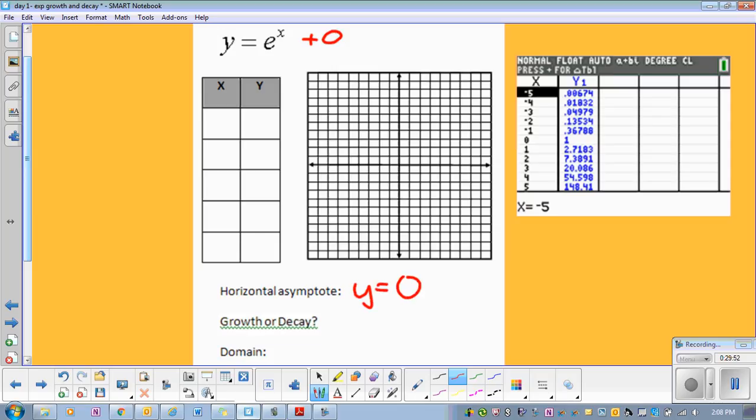Now, is this a growth or a decay? What is the base that this exponent is attached to? E. And E is approximately what number? 2.718, and that number is greater than 1, so this has to be a growth. E is always growth.